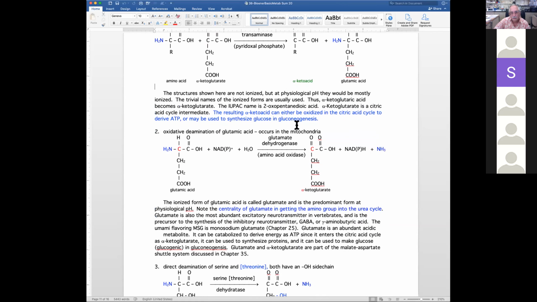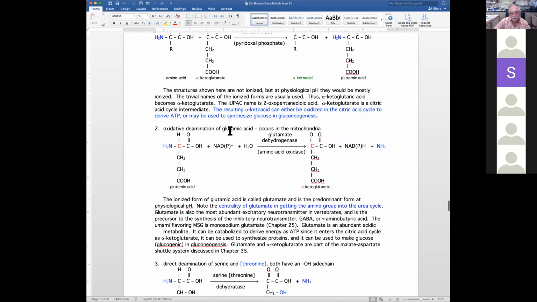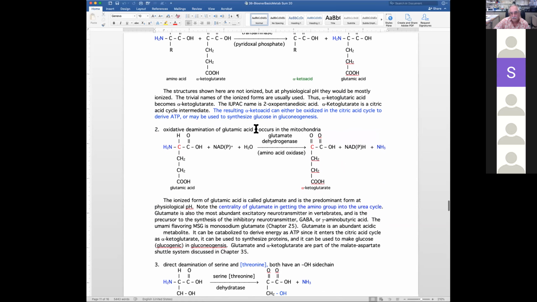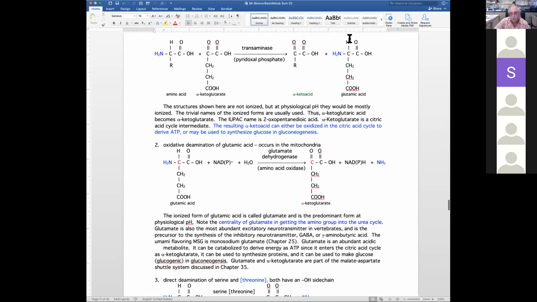And then if you look at oxidative deamination, this is just of glutamic acid. So glutamic acid accepts most of the amino groups, and then it's oxidized into alpha ketoglutarate. Well, alpha ketoglutarate you may see is in the Krebs cycle.